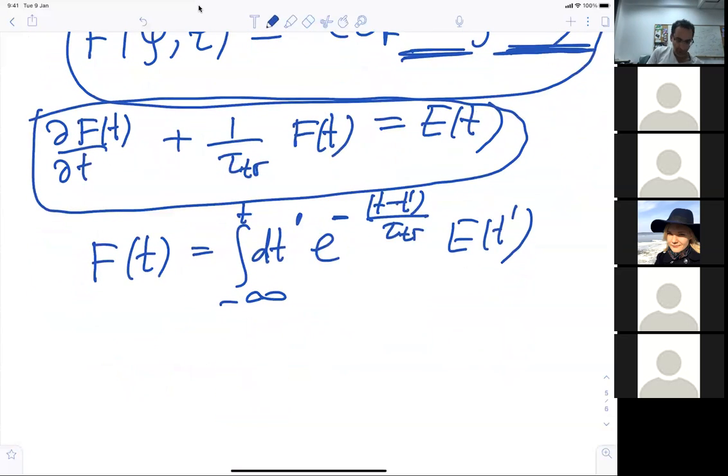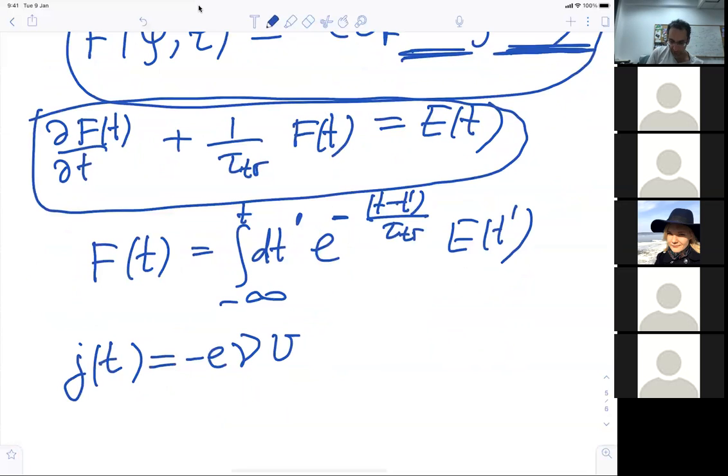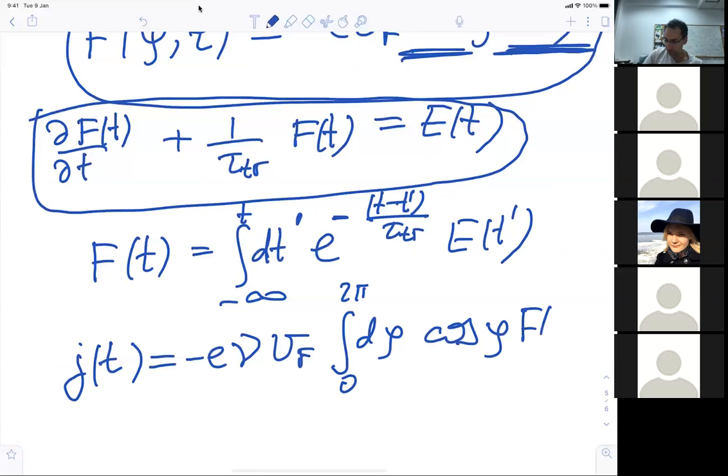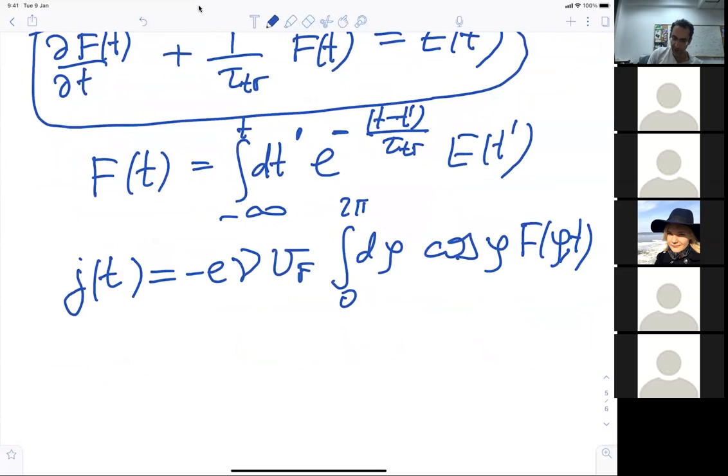Now the current that flows into the system as a time-dependent thing is equal to minus E times density of states times V Fermi integral d phi from 0 to 2 pi cosine phi times f of phi and t. And f of phi and t, see above.